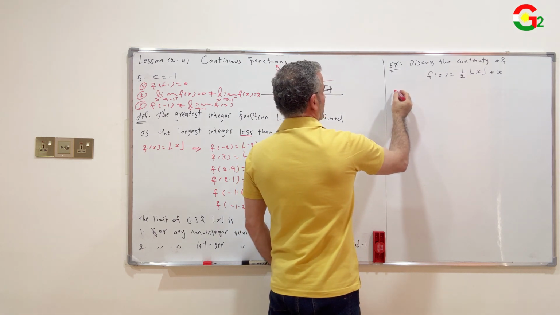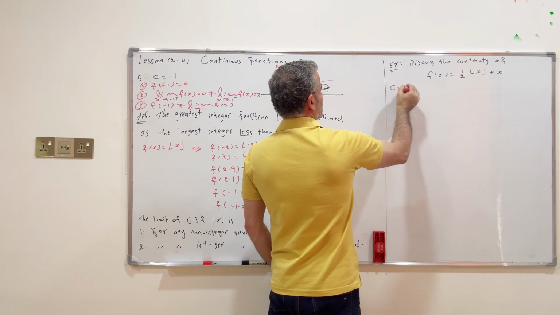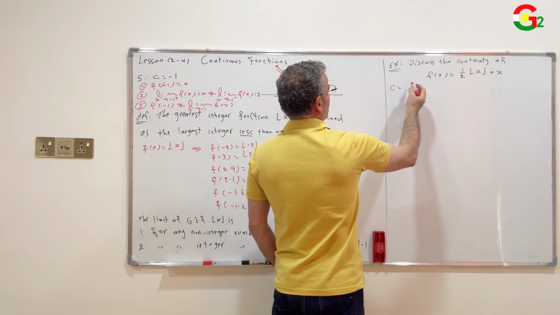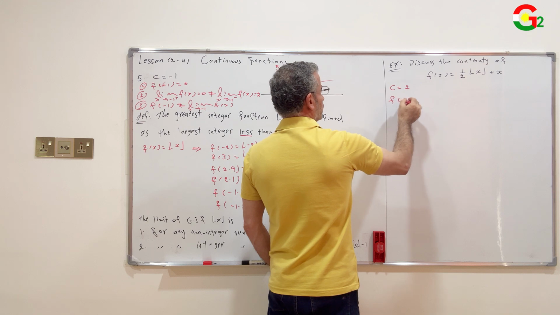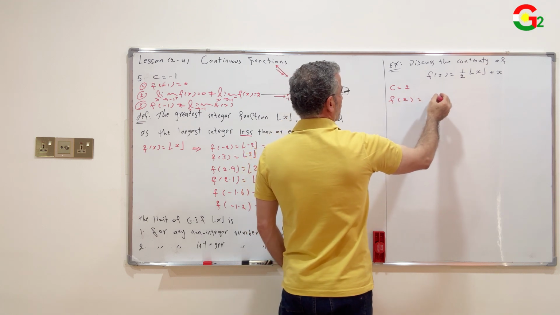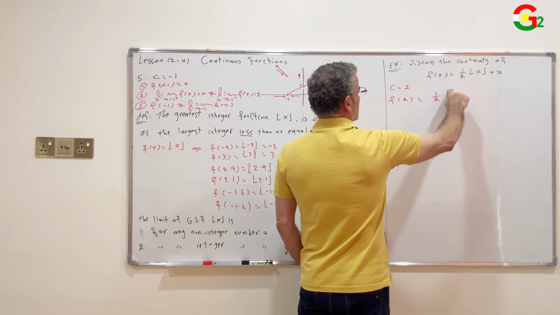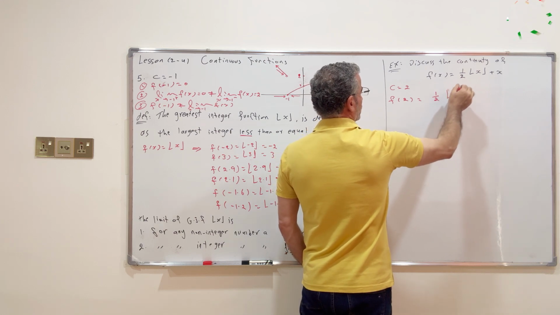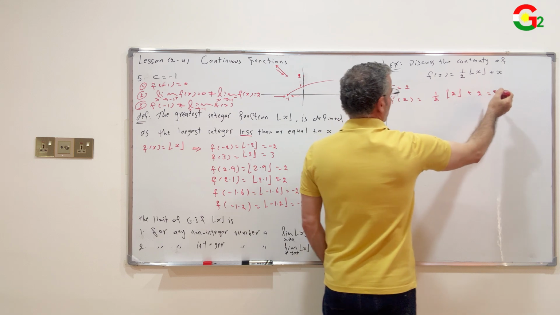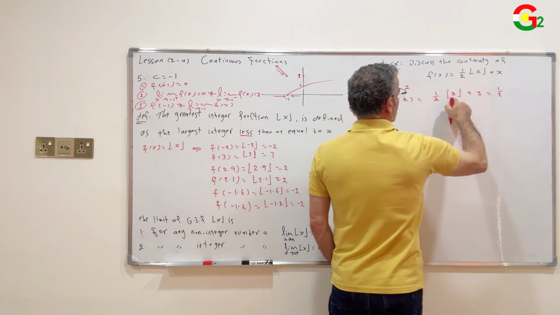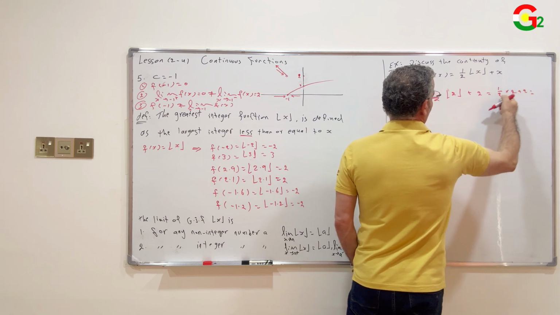For example, if we want to discuss the continuity when x equals 2, then f of 2, the first condition, is 1/2 greatest integer of 2 plus 2 equals 1/2 times 2 plus 2 equals 3.